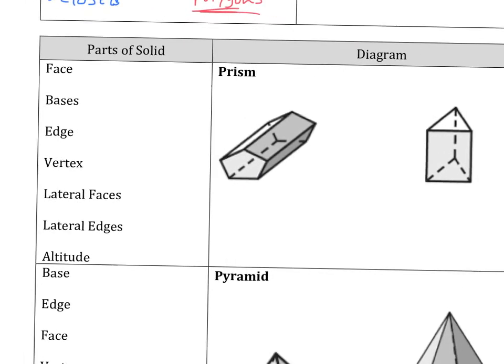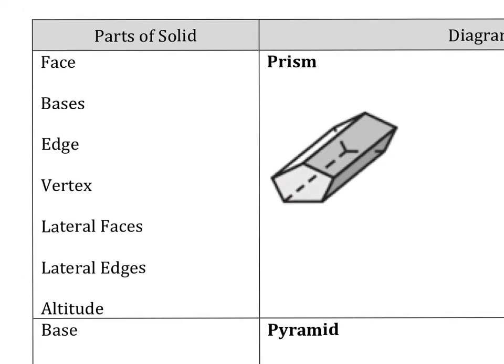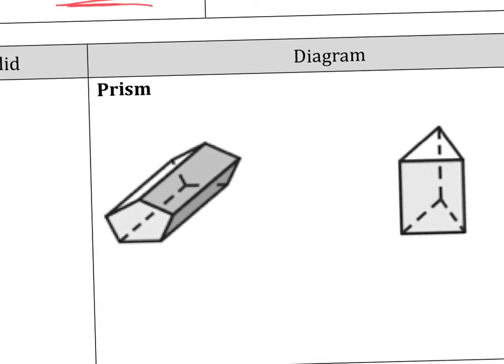First off, a prism. I think the key thing about a prism is, number one, that it is a polyhedron.